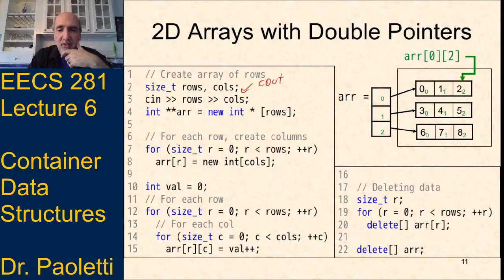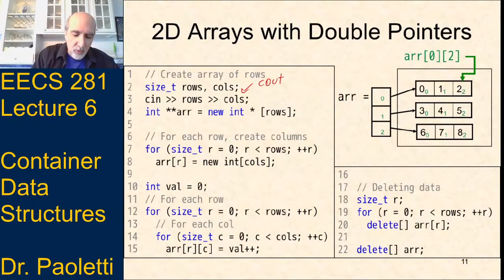We're going to break down this syntax. So we're going to do an int pointer array, ARR, equals new int pointer rows. Okay, this is two-dimensional. Let's go back to one-dimensional and look at the syntax.